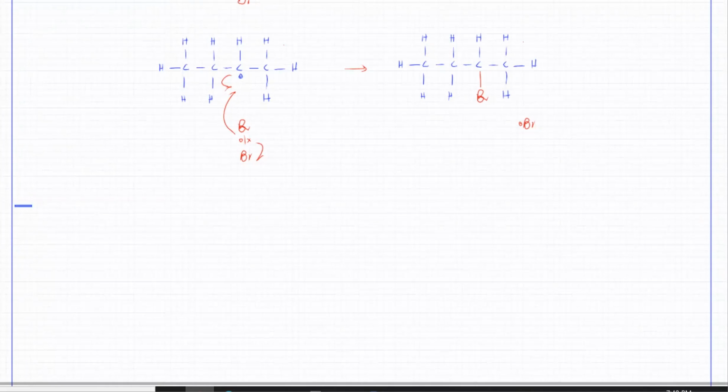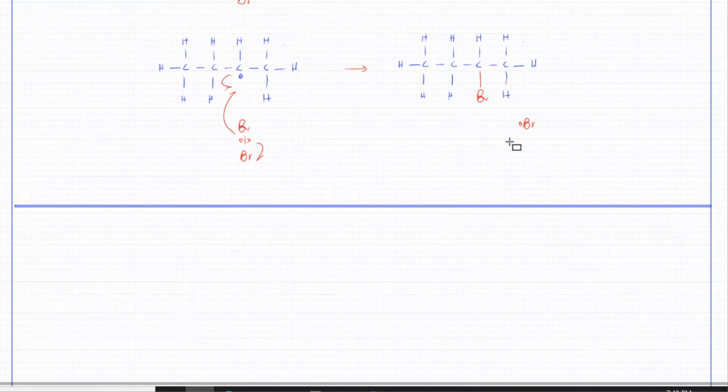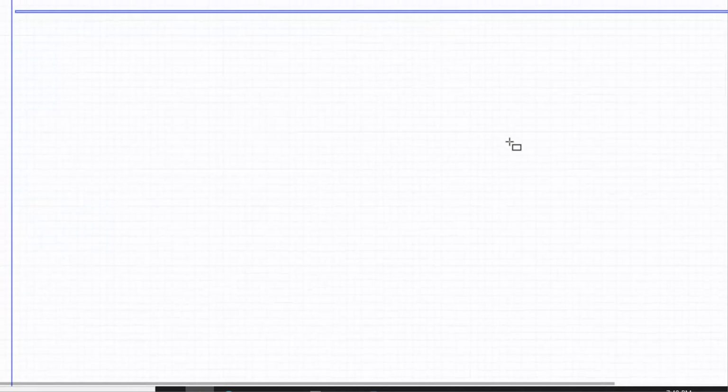Let's say I have this molecule, and it has all these hydrogen atoms, lots of them.